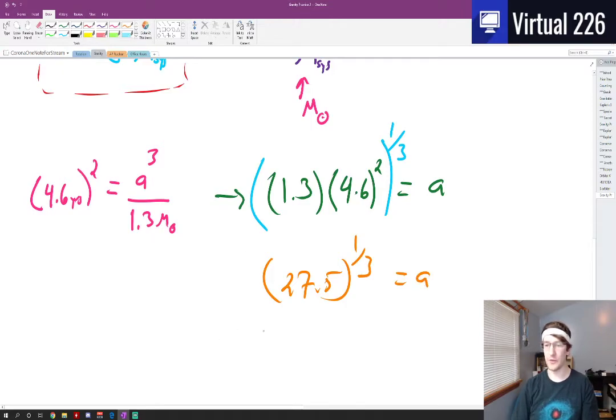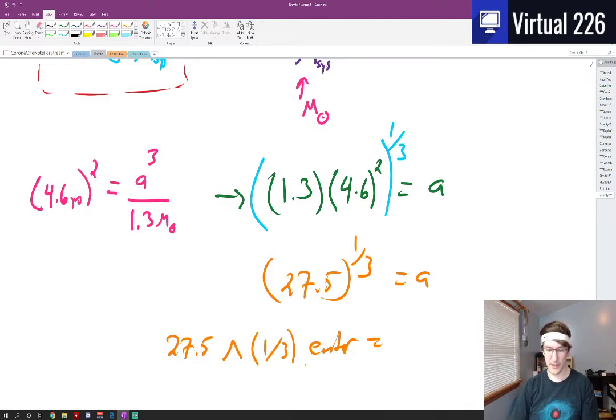We take things to the 1/3 power on your calculator with that little caret. So it'll be like 27.5, run the caret, and then we want the 1/3 power. So I'll either put in parentheses 1/3, which is 0.33, or if you feel comfortable actually writing out the fraction, you can say it's just to the 1 divided by 3, and then hit enter. So 27.5 to the parentheses 1 divided by 3.